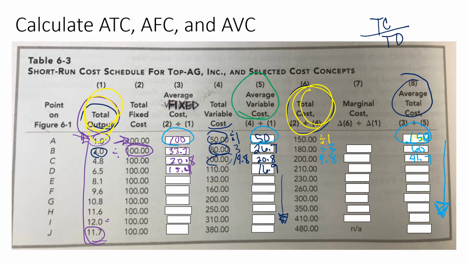Just like our total fixed cost plus our total variable cost equals our total cost. Okay, so that's the relationship between those three.